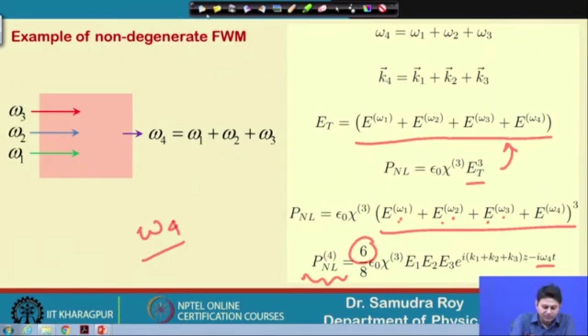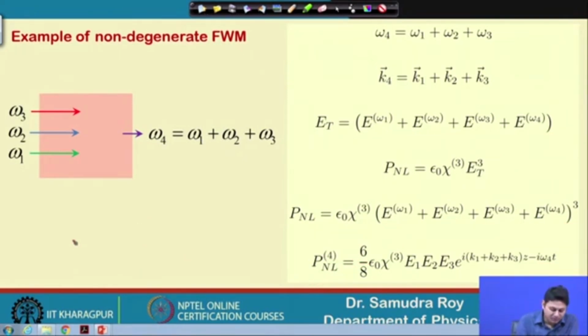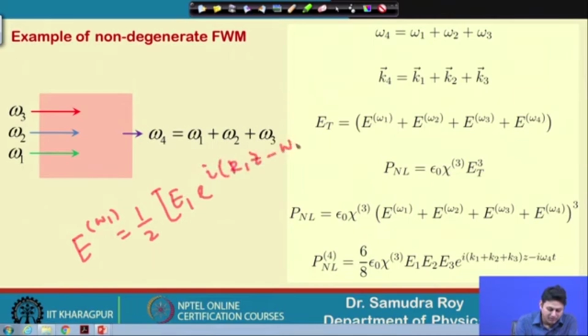Also, you remember, it is not written here, but already in the previous slide we have written that E of omega 1 is half of E 1 e to the power of i (k 1 z minus omega 1 t) plus its complex conjugate. So, this half term basically gives rise to this 8.